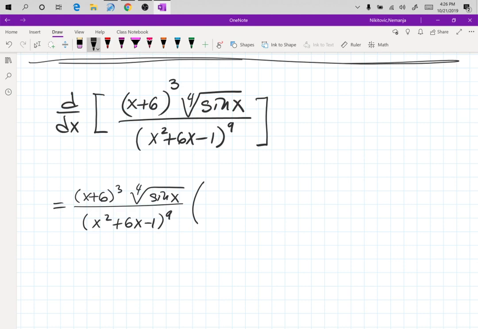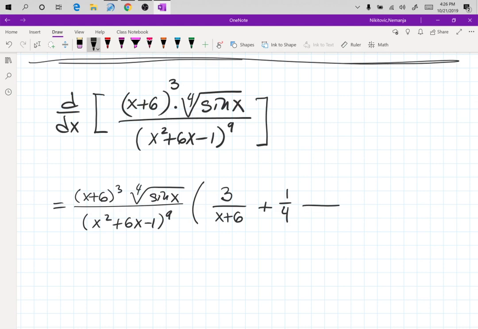So we're taking this derivative mentally. The cube is going to go in front of ln, so I'm going to have x plus 6 in the denominator. Its derivative on top is 1, and I have that times 3. Next one is times, which is, in my case, plus. A fourth root is a quarter exponent that goes in front of ln.